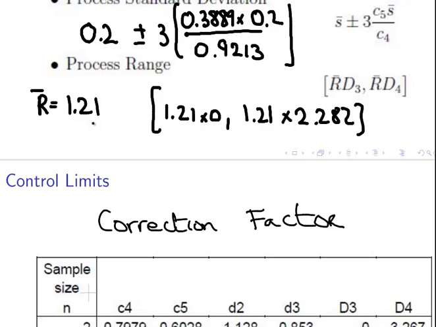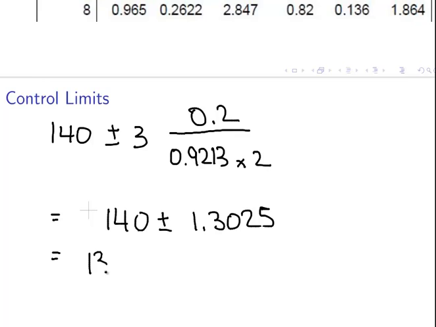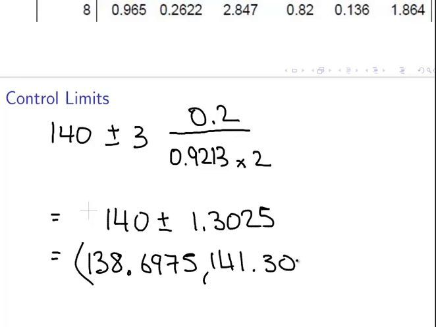So what I'm going to do is pause at the machine for a second and calculate all of those out, and I'm just going to comment a little bit more on this. There's an important comment left to come. Working that out, I make that to be 140 plus or minus 1.3025, to four decimal places, and that works out to be 138.6975 to 141.3025.